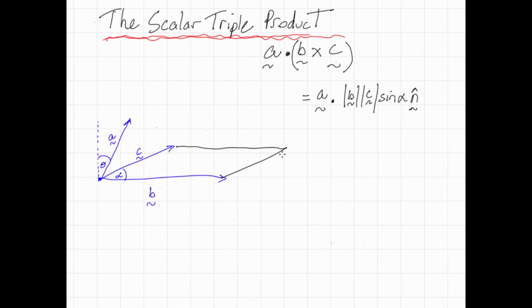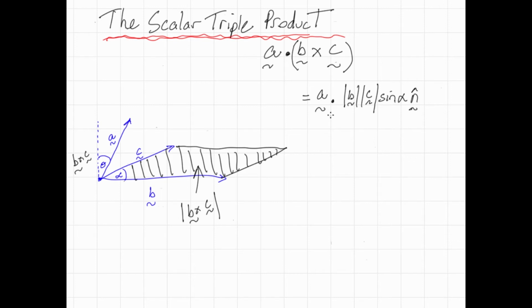We'll draw this one parallel to C, this one here parallel to B. So this is the absolute value of B cross C. B cross C is actually a vector, as you know, and it would be perpendicular to both B and C. So it would be going up that dotted line, would be B cross C.